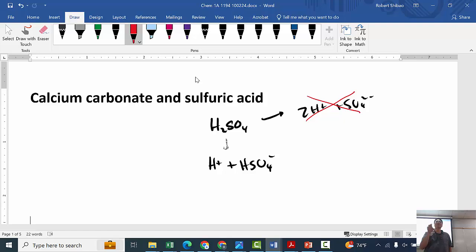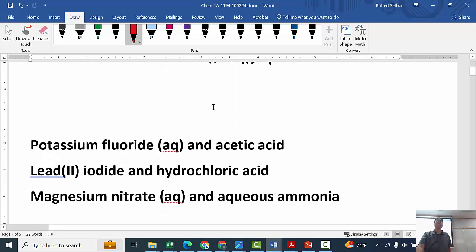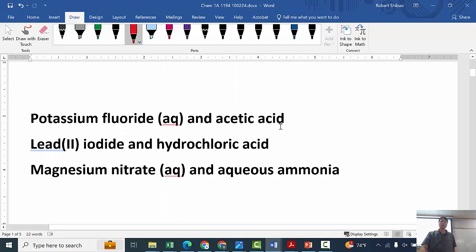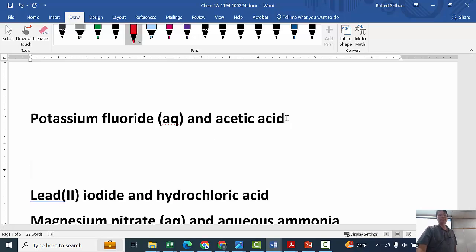So what a lot of people do is they'll write carbonic acid in equation 1, and then in equation 2, the ionic equation, they'll write CO2 and H2O. But no, it's got to be CO2 and H2O in all three equations. The complete equation, the ionic equation, and the net ionic equation. So that's all I'm going to say about that first one.